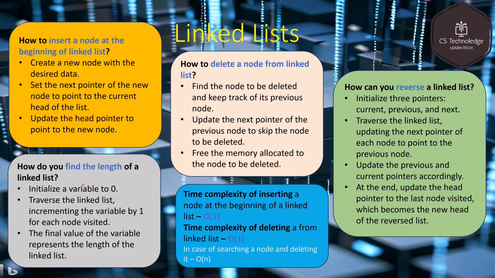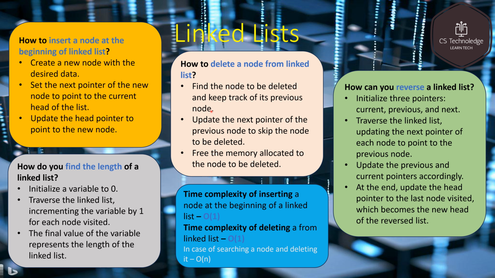How do you find the length of a linked list? Initialize a variable to 0, traverse the linked list, incrementing the variable by 1 for each node visited. The final value of the variable represents the length of the linked list. How to delete a node from a linked list?